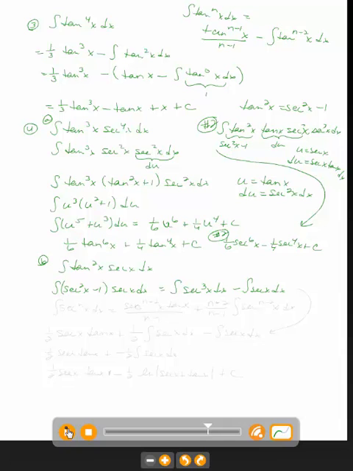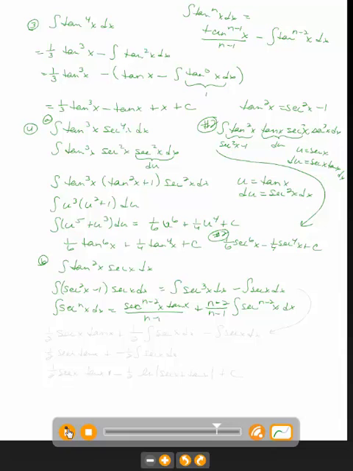That rule says, I'm going to write it down for you. It says the integral of secant to the n of x dx turns into secant, drop the power by 2, x, tan of x over n minus 1, and then plus n minus 2 over n minus 1 times the integral of secant dropped by 2 of x dx.